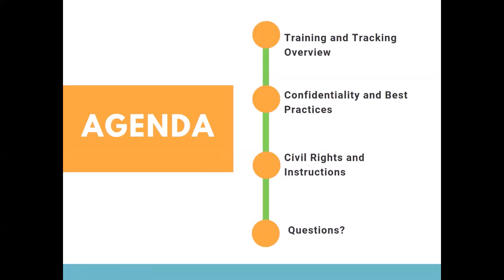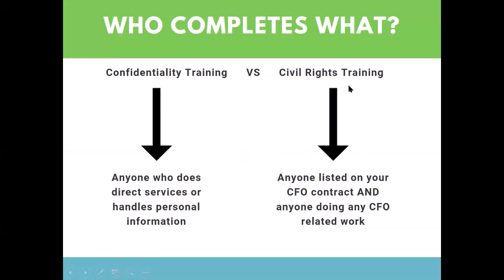So next slide. Okay, so this visual will be a lot more helpful now that you all can see it, I'm sure. For who completes what? So for the confidentiality training, this training really needs to be completed by anyone who does any sort of direct services.